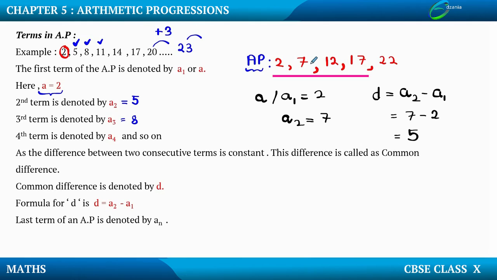If I consider this AP 2, 7, 12, 17, 22 without dots at the end, it is called a finite AP. Finite AP means the number of terms is countable, so we get a last term, and this 22 is the last term.